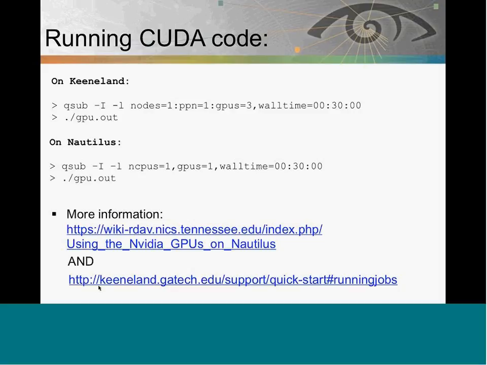Within one program, you can specify: I want to run this kernel on GPU 1, I want to run this kernel on GPU 2, and I want to run this kernel on the CPU. And you do it within one program, with different variables and data. Yeah, you can do that.